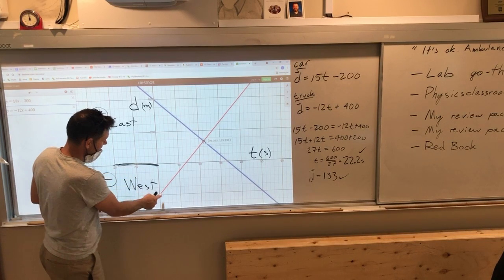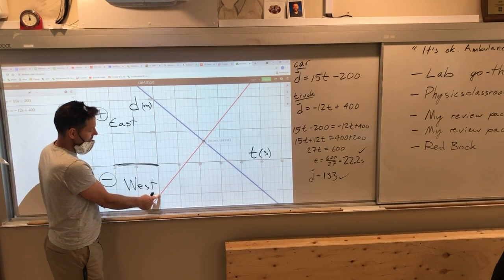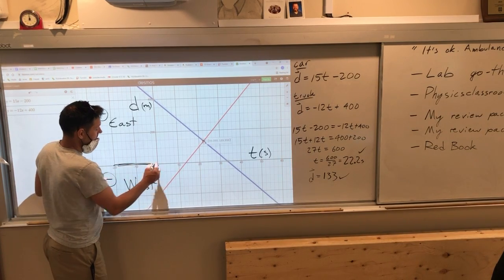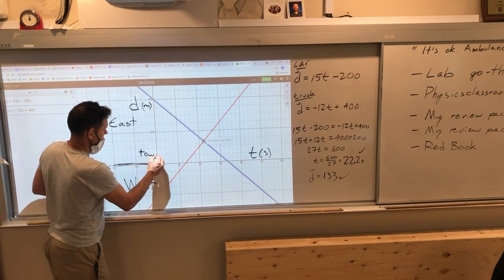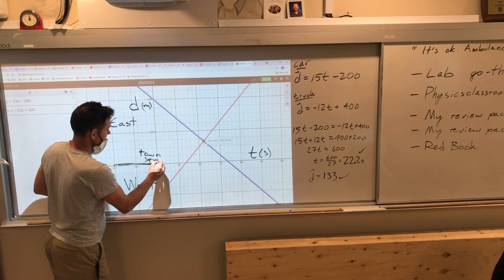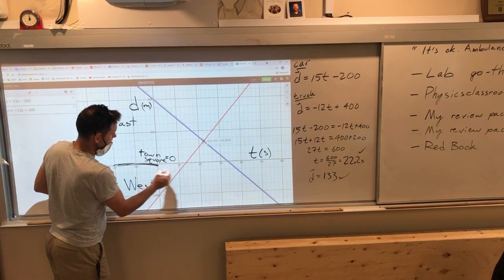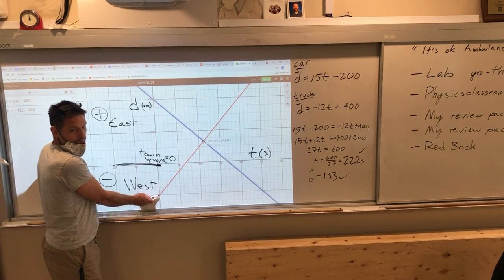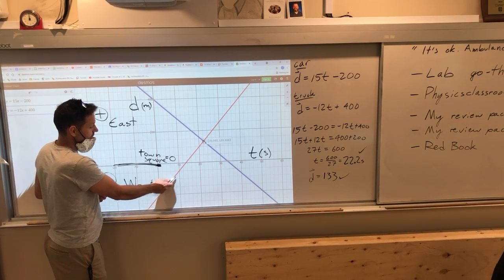So the car starts down here, 200 meters west of the town square. I made the town square equal to 0. So that's right here. And the car starts 200 meters west, and as time goes by, the car is driving towards the town.